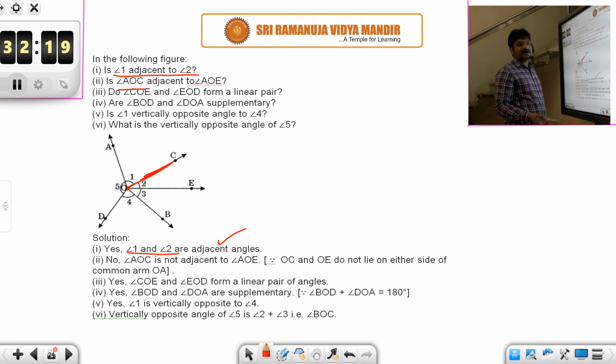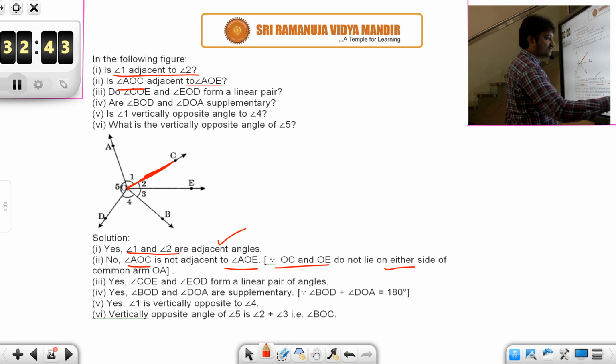Because they don't have any common arm, right? Angle AOC is not adjacent to angle AOE because OC and OE do not lie on either side of the common arm OA.